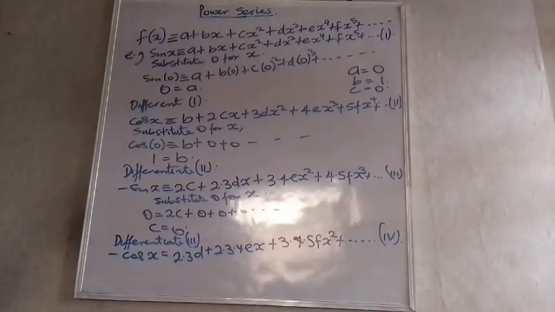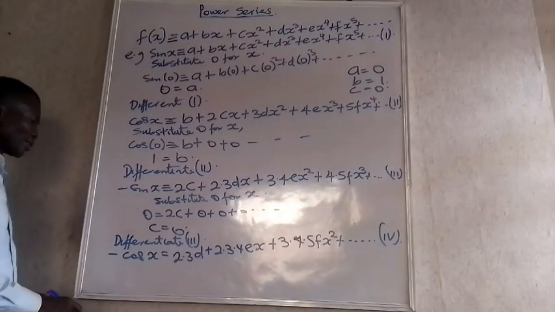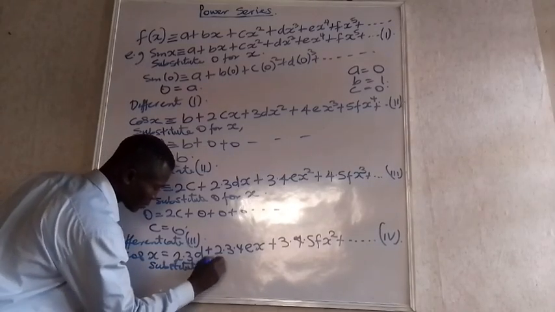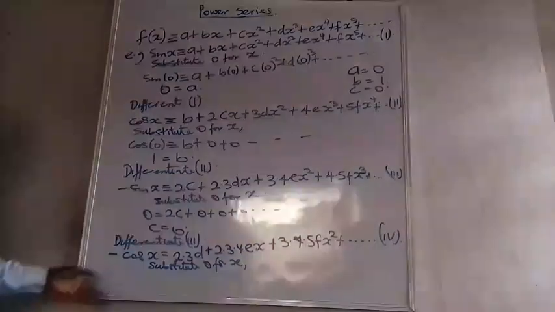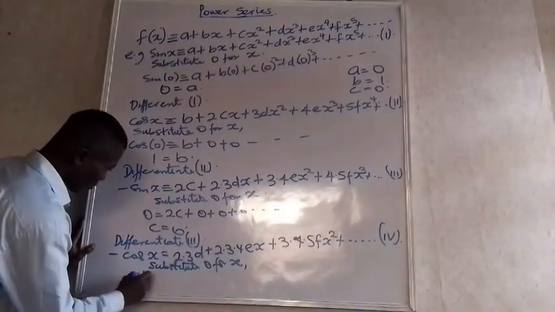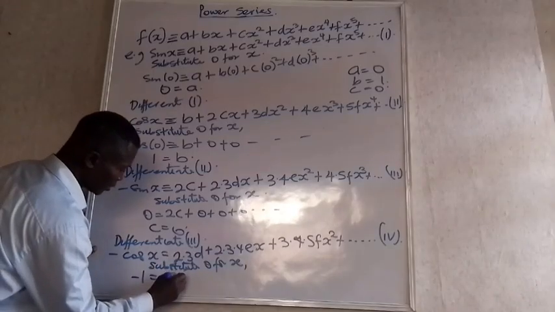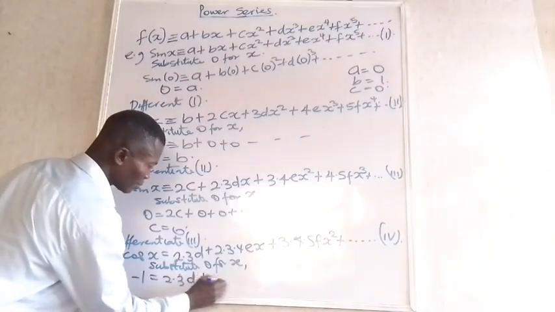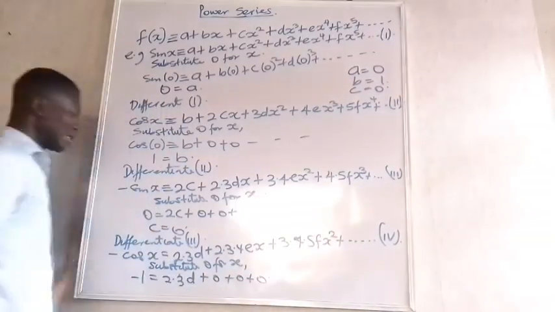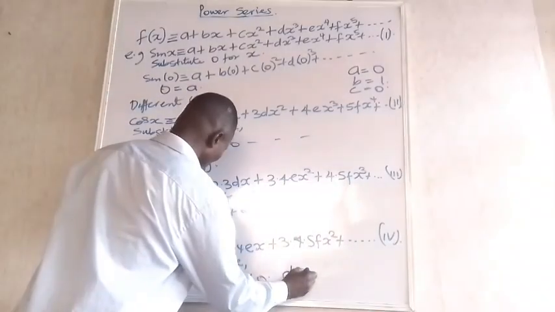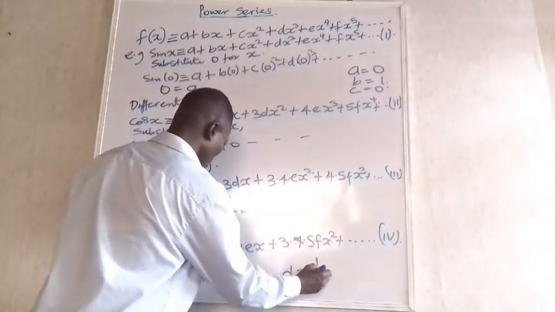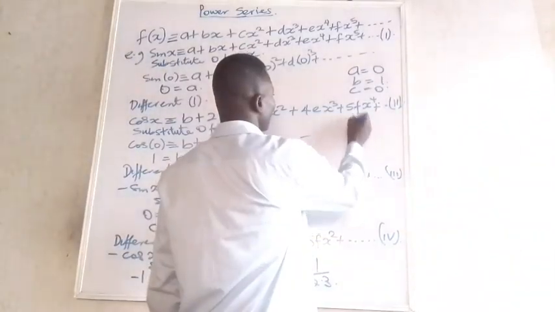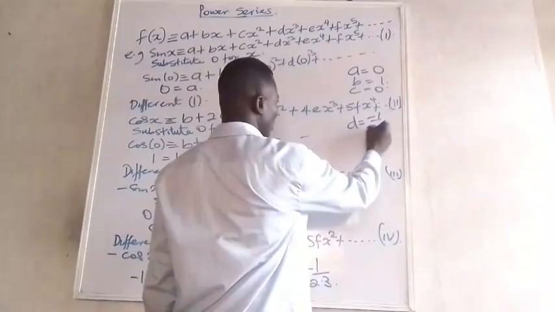You can see the sequence. Let's substitute 0 for x here again. So this will be minus 1, and this is 2 times 3 d. All these other ones will give us 0. So what does that show us? It means that d is equal to minus 1 over 2 times 3.